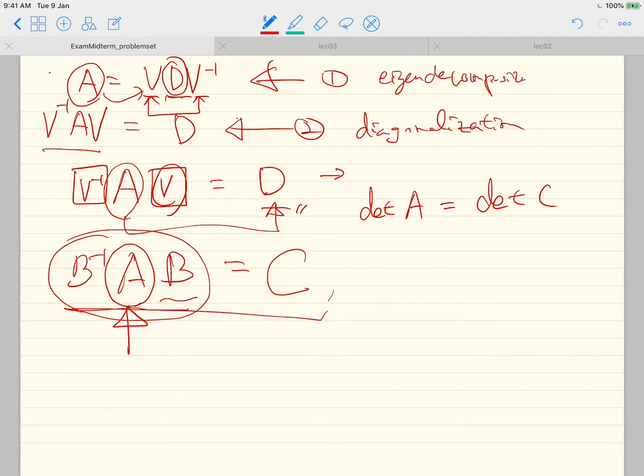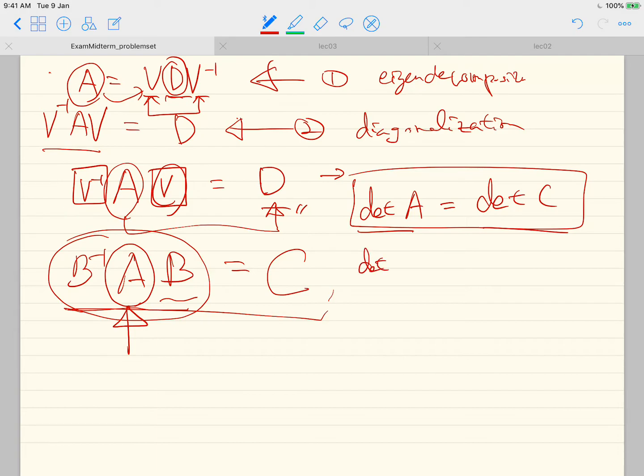And in what sense are these matrices similar? Similarity is defined as preserving the determinant of the original input matrix and the output matrix. And how we prove it is really easy.